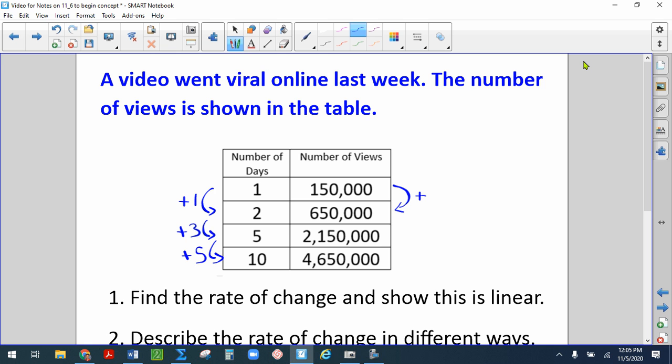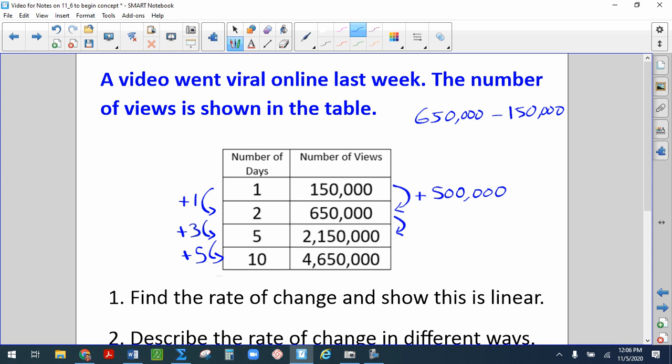We can subtract 650,000 minus 150,000 and find out that it goes up by 500,000 views that day. Then you can do that again: subtract 2,150,000 minus 650,000. I'm going to type that in my calculator.